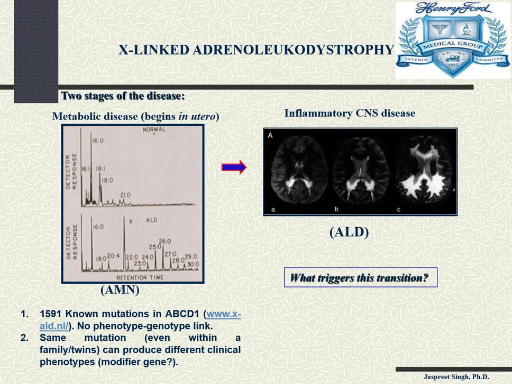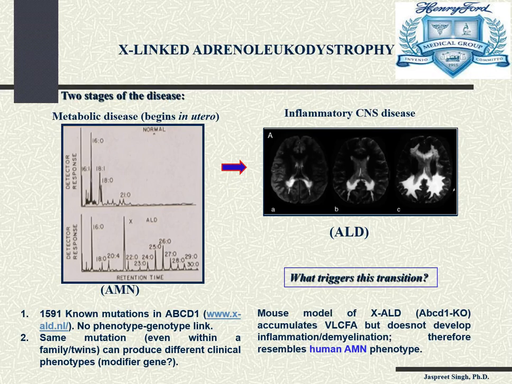So much so that within the same family, or even between twins, with the same mutation, one may have AMN and the other may have the ALD phenotype. AMN, I think I didn't mention, is called adrenomyeloneuropathy. A further complication arises from the fact that the mouse model deleted for ABCD1 only accumulates the very long chain fatty acids and never develops the CNS demyelination or inflammation.